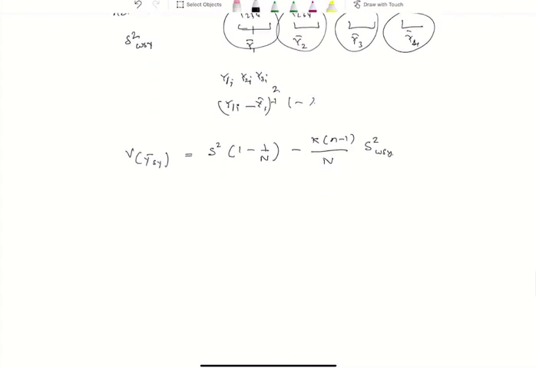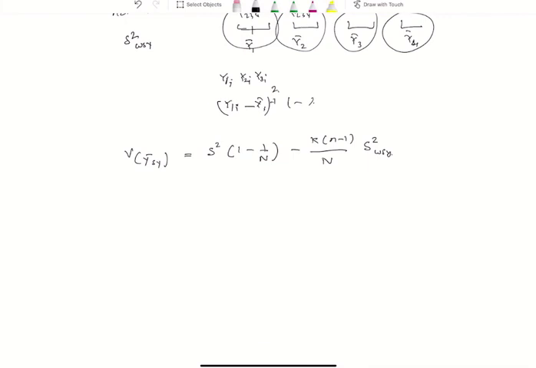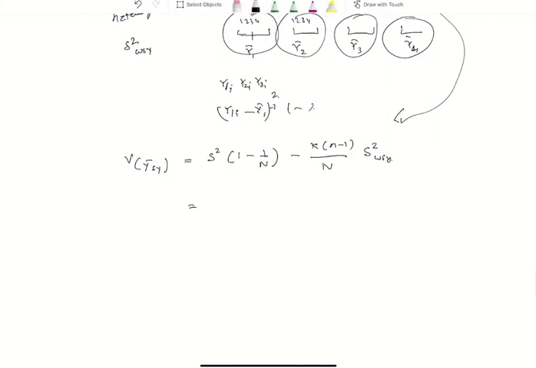That's the variance of y bar in systematic sampling. And then you can substitute this thing here. What you will get is S square times (N minus 1) upon N, minus the summation of yij minus y bar i, squared.